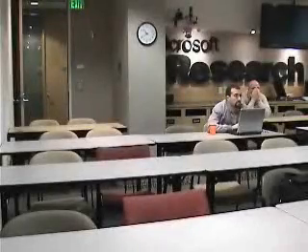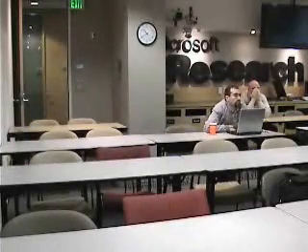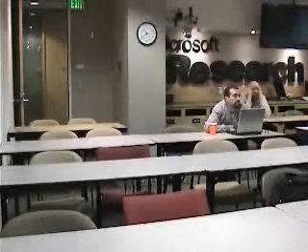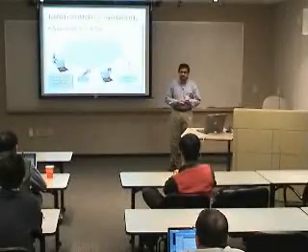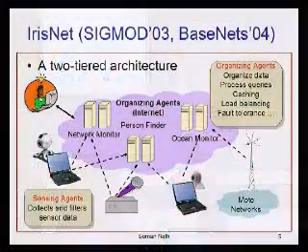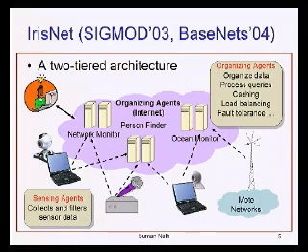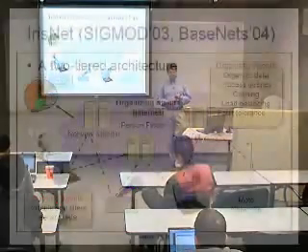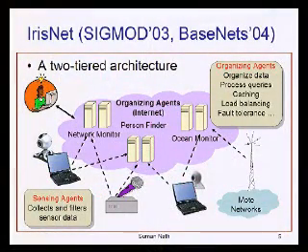IrisNet has a two-tiered architecture. On the edge, it has sensing agents that run on laptops or PDAs or base stations of wireless sensor networks. Those sensing agents collect and filter the sensor data. IrisNet provides APIs for collecting that data scalably and handling issues like security and privacy. On the core, we have organizing agents that run on internet connected hosts.